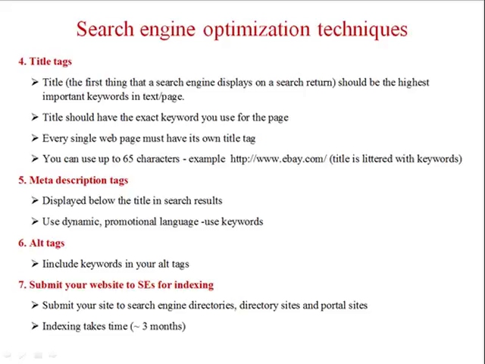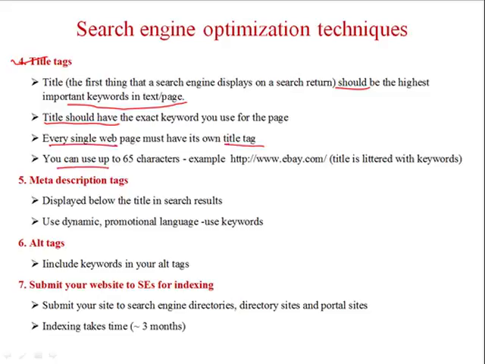Search engine optimization: title tags. The first thing that a search engine displays on the search return should be the highest important keyword in the text of the page. Title should have the exact keyword you use for the page. Every single page must have its own title tag.